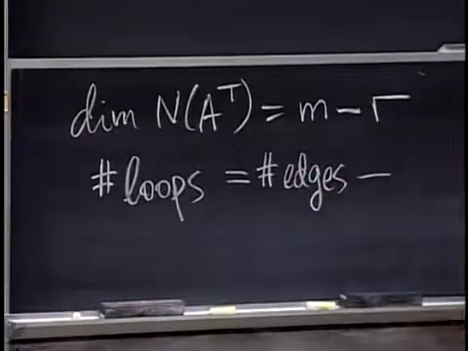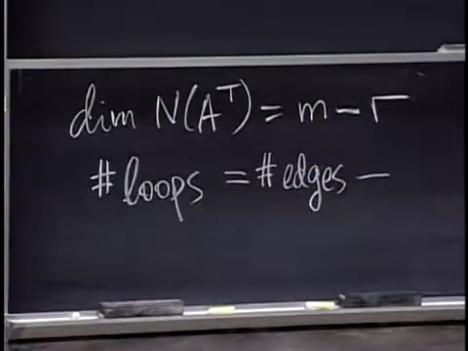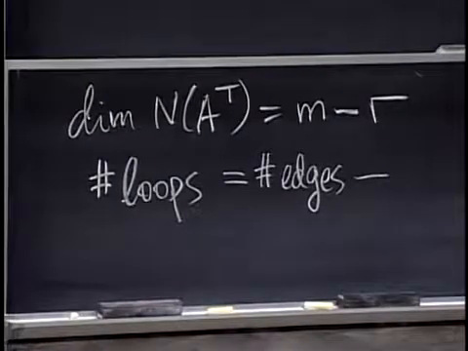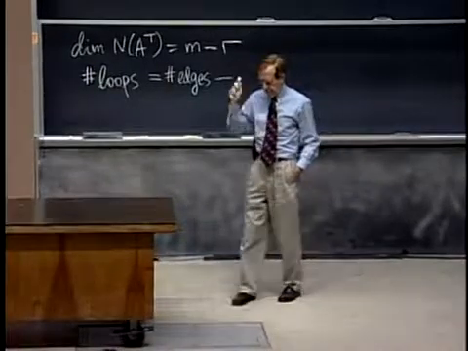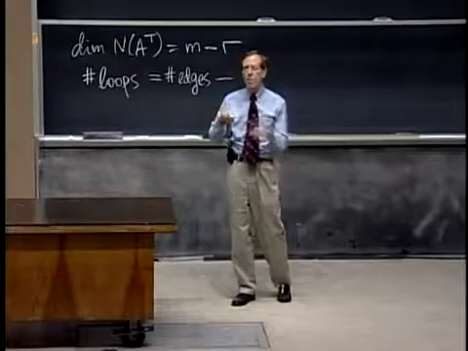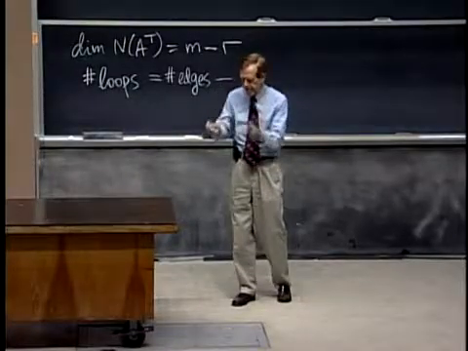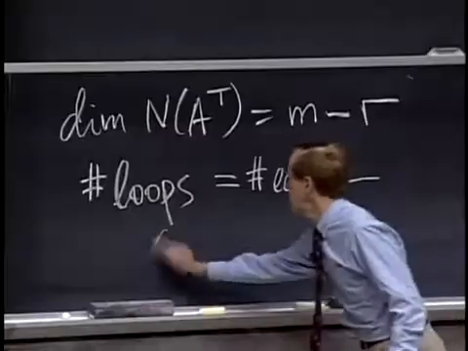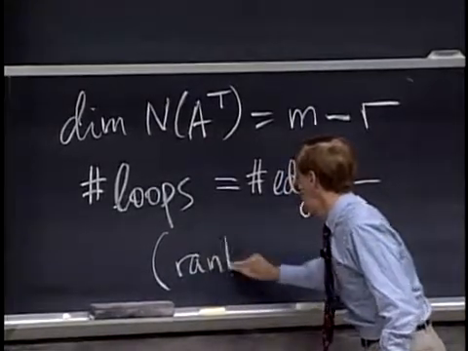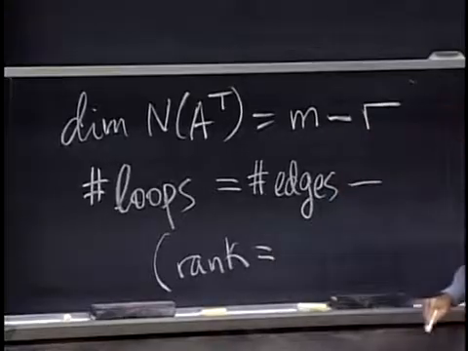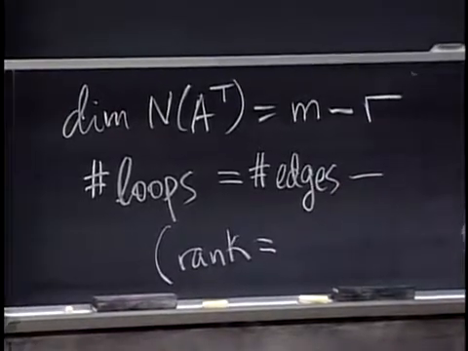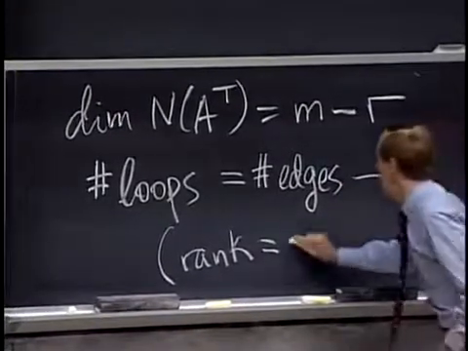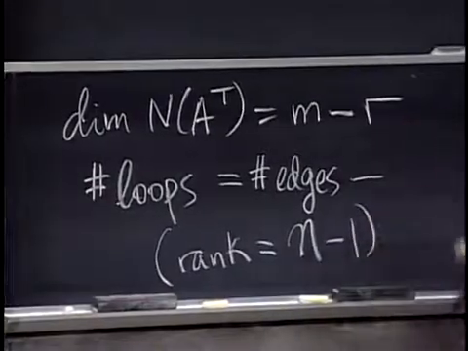And what is r? We have to remember way back, the rank came from looking at the columns of our matrix. So what's the rank? Let's just remember. We had a one-dimensional null space, the rank was n minus 1.